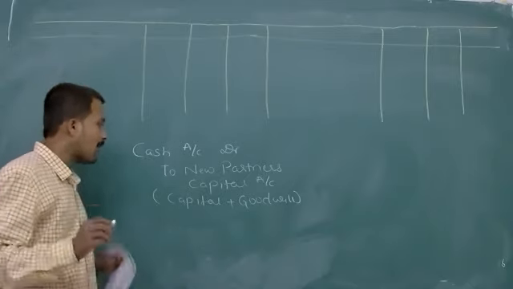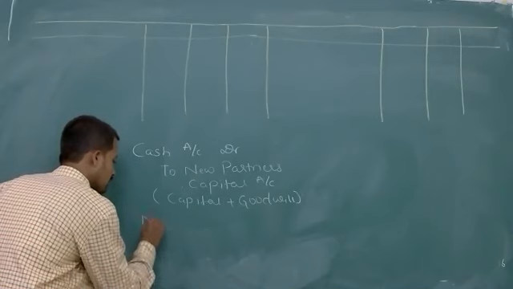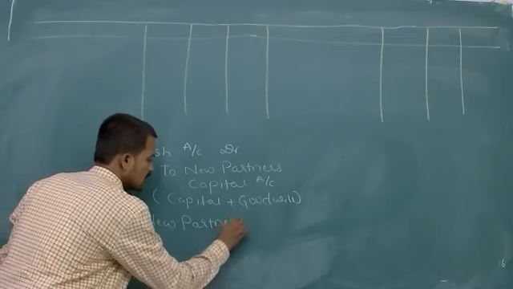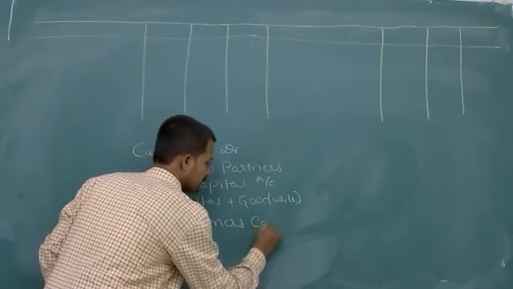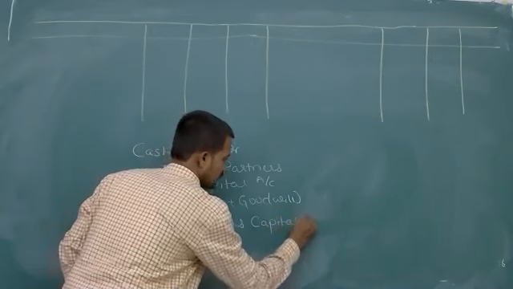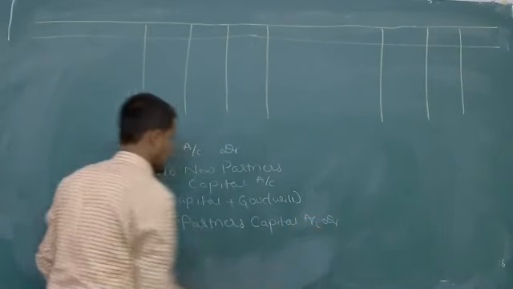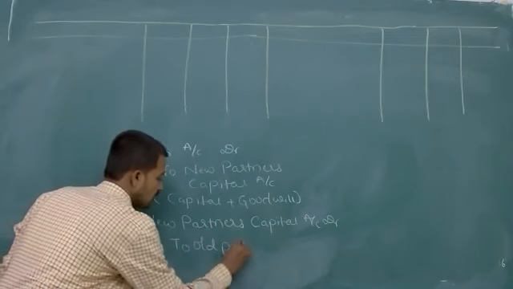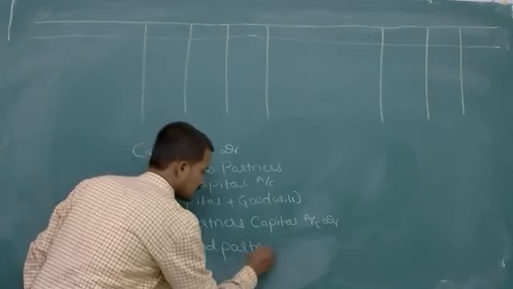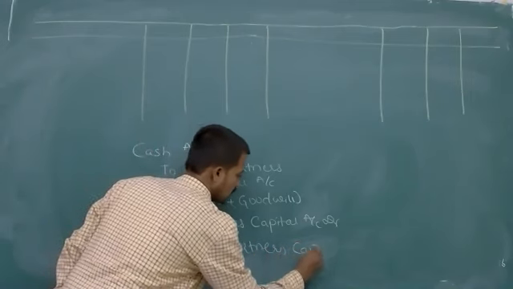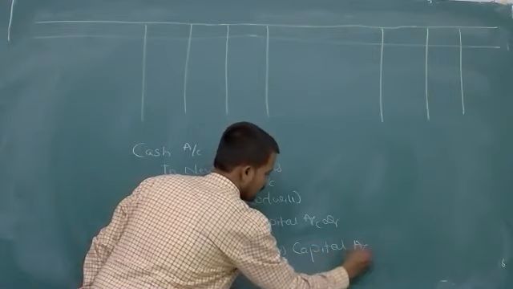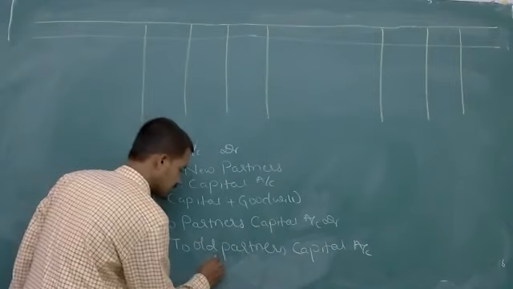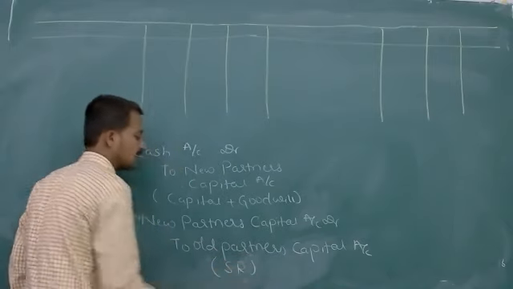For that, we pass the journal entry: new partner's capital account debit to old partners' capital account. So remember, this needs to be distributed in sacrificing ratio.